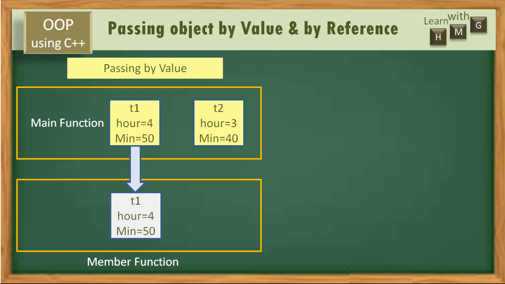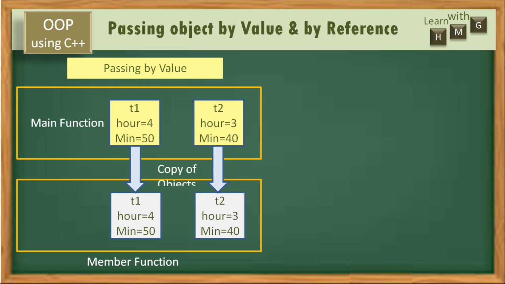First the copy of T1 is created, then the copy of T2 is created, and like this the duplicate memory is required within the member function due to this copy. So copy of objects and wastage of memory is there. Addition will be performed and the result will be stored in third object, that is T3.